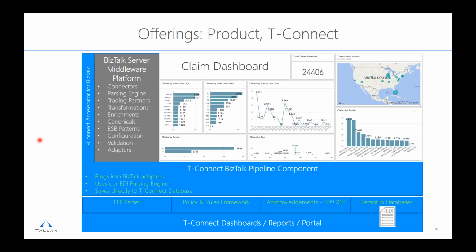We have a portal where you can manage the state of EDI and resubmit it, so you can interact with EDI the way it should be. For those of you doing EDI, hopefully some of this resonates. This is just a simple BizTalk pipeline component with some databases, and of course the Power BI dashboards and all that are optional.